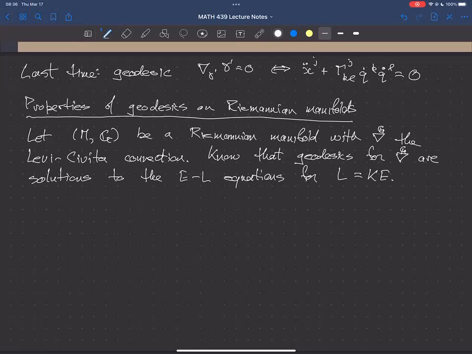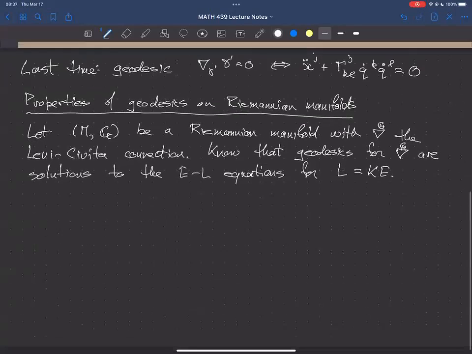Okay, so 1/2 mv squared, or 1/2 g(v, v). Because that was our starting point for seeing where affine connections come from in mechanics. Now we're going to look at a different Lagrangian, which is similar but not quite the same.